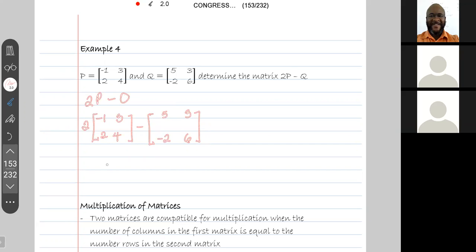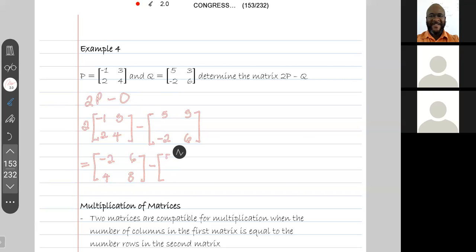So let's multiply by 2 first. 2 times minus 1 is minus 2. 2 times 3 is 6. 2 2s are 4. 2 4s are 8. So this is 2P.